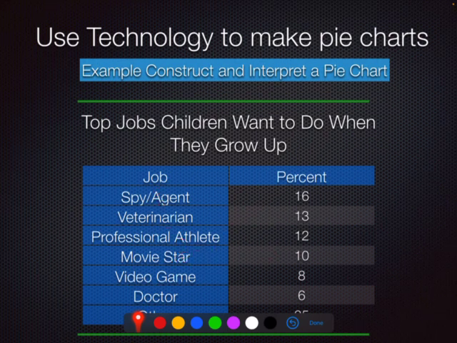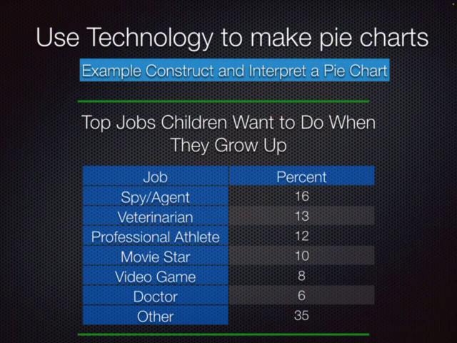This is what job kids want to have when they grow up. They surveyed a bunch of kids, and spy agent got 16%, being a veterinarian got 13%, an athlete 12, movie star 10, video game doctor, and at the very bottom you can see it's other. So what we want to do is represent this in a pie chart.